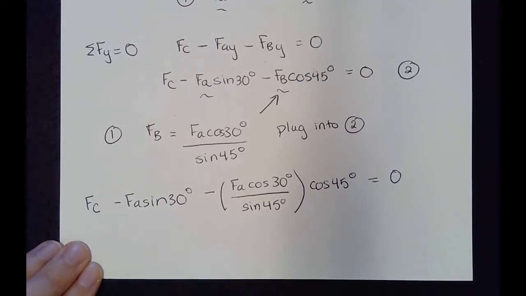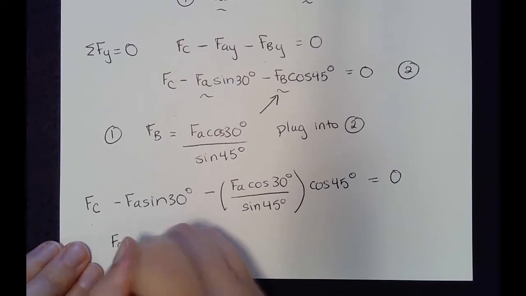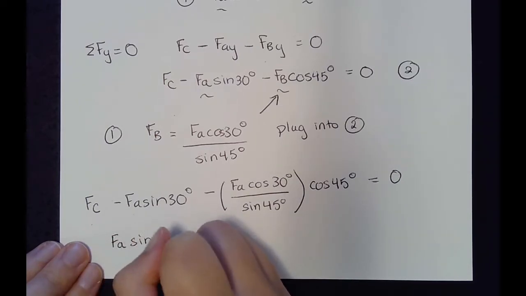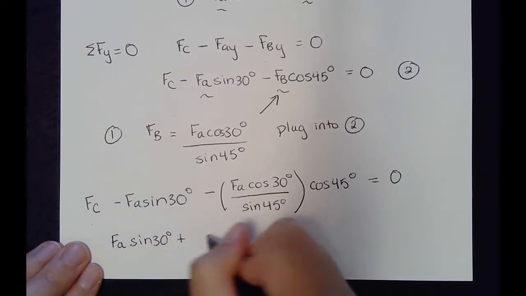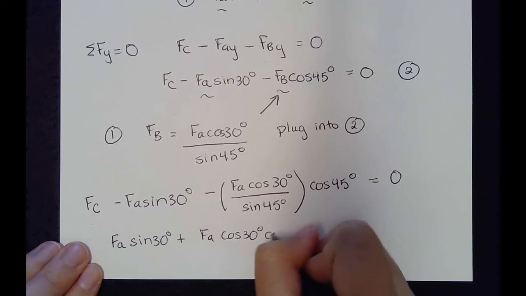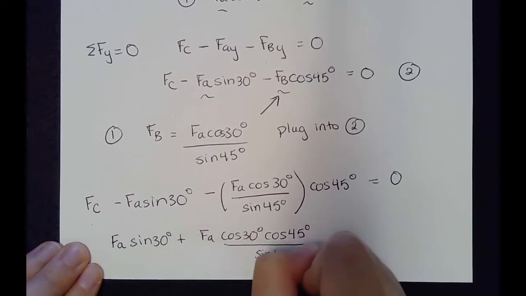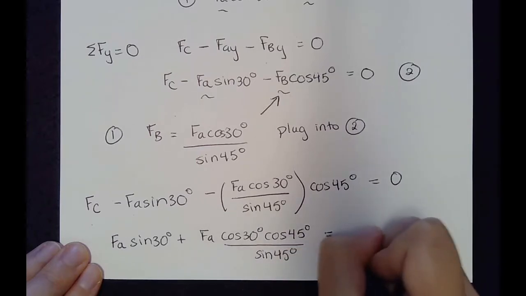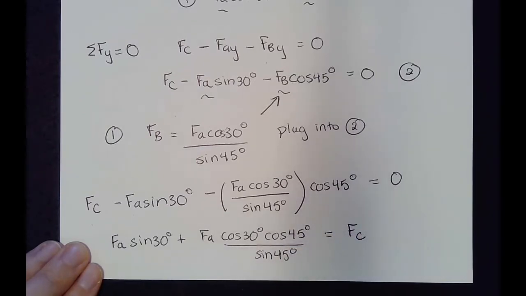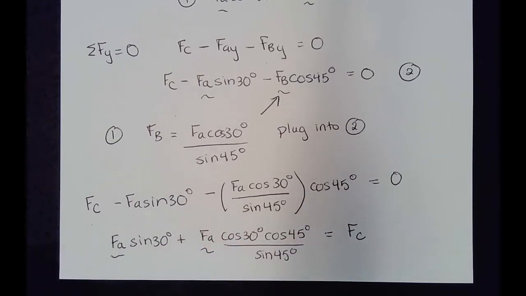Okay, so now we have only one unknown, which is fa. So let's move fc over, and I'll change the sign on the left side. So fa sine 30 plus fa cos 30 cos 45 over sine 45 equals fc. And I want to factor out fa so that I can isolate for it.